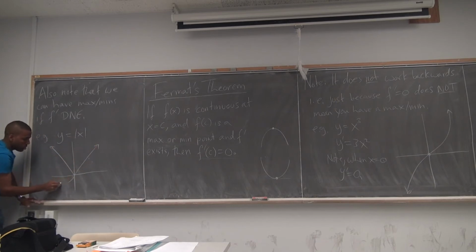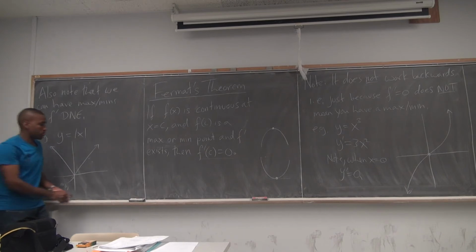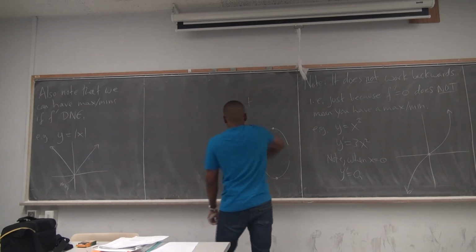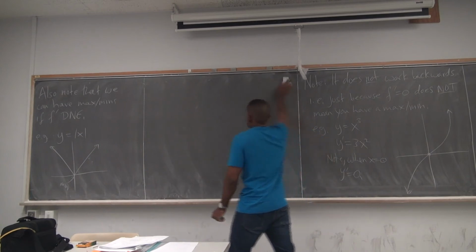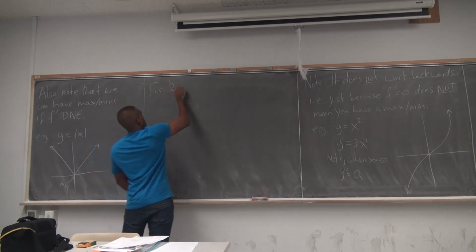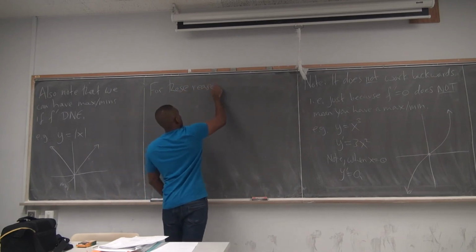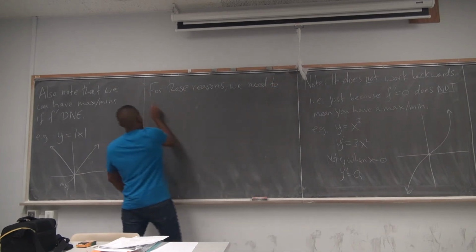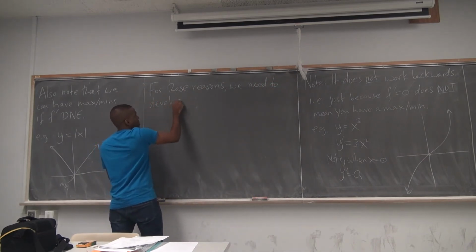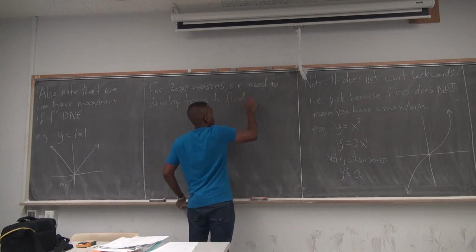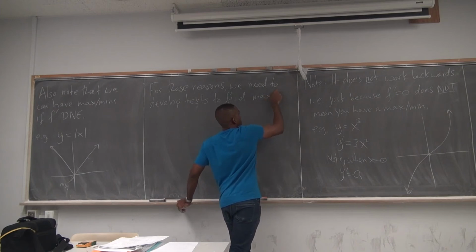At x equals 0, you have a minimum, but we already know that the derivative doesn't actually exist there. For these reasons, we need to develop tests to find maximums and minimums.